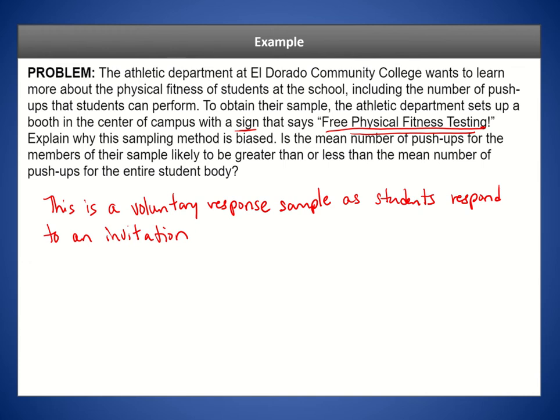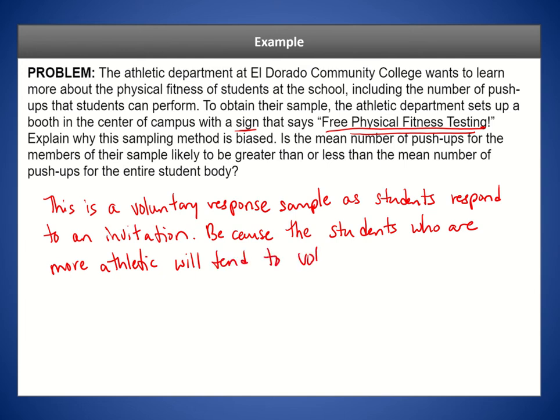Because students who are more athletic will tend to accept the invitation, this will lead to bias.